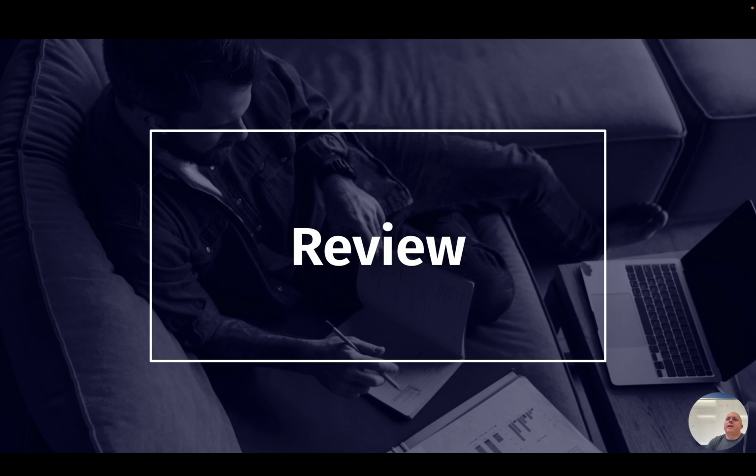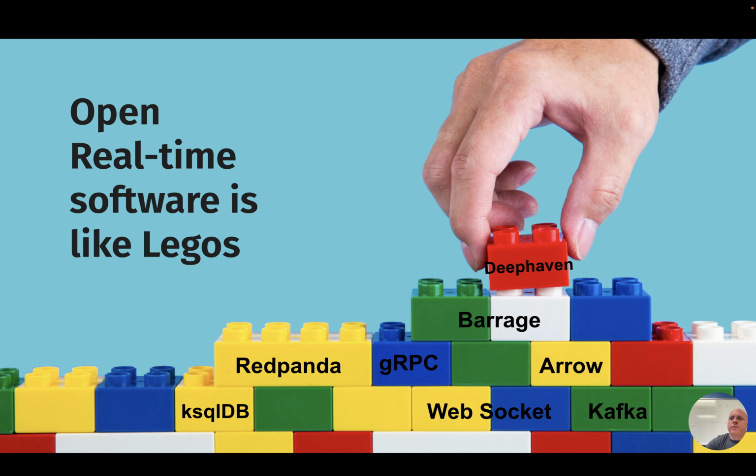So in summary, let's go through the key concepts I hope you remember. First of all, open real-time software is like Legos. Each Lego performs a particular task, and to build your real-time data science system, you figure out which Legos you need and you hook them together.